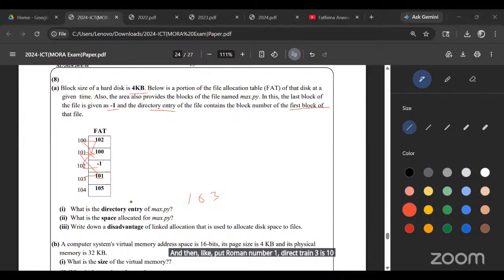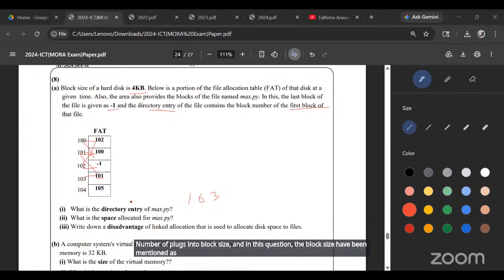Roman number 2, what is the space allocated? For that, write the formula, number of blocks into block size. And in this question, the block size has been mentioned as 4 KB. And we found out that there are 4 blocks being used.